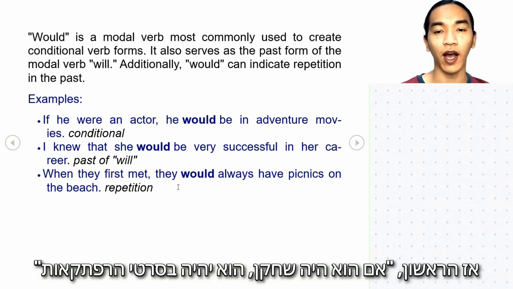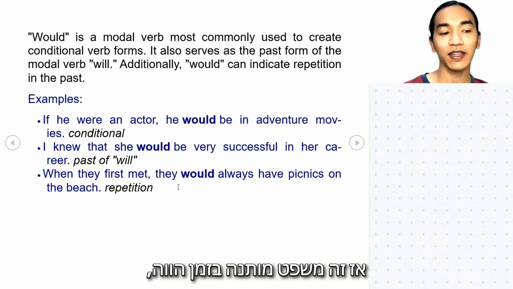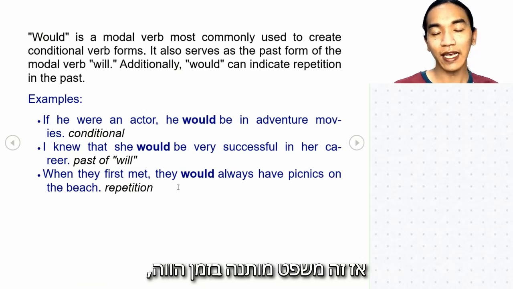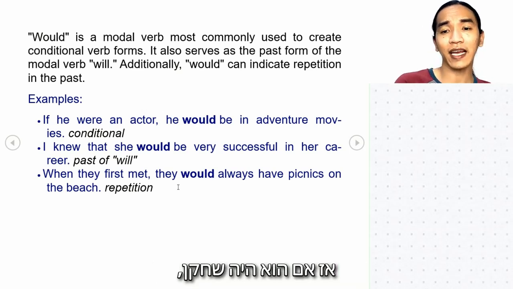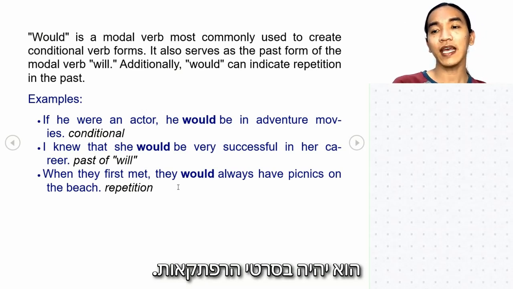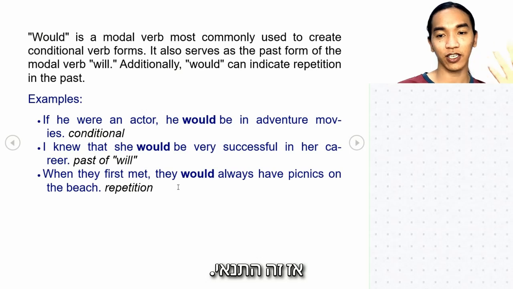So the first one, if he were an actor, he would be in adventure movies. Okay, so this is a conditional in the present form. If he were an actor, he would be in adventure movies. So that is the condition.